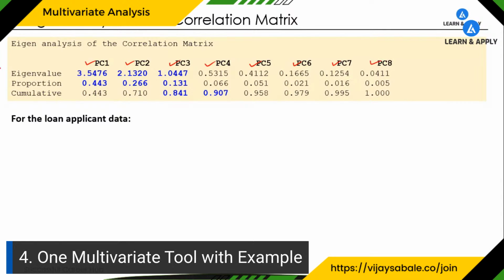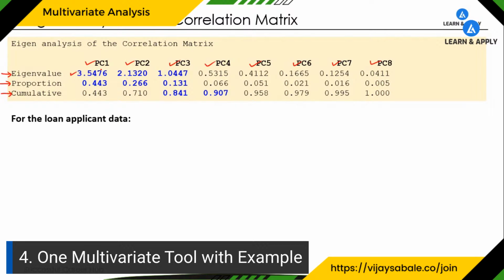Now, if you see here, the first row is the eigenvalue, and it also indicates the cumulative percentage. If you talk about principal component 1, it has an eigenvalue of 3.5476. What does this indicate? This indicates the variance.